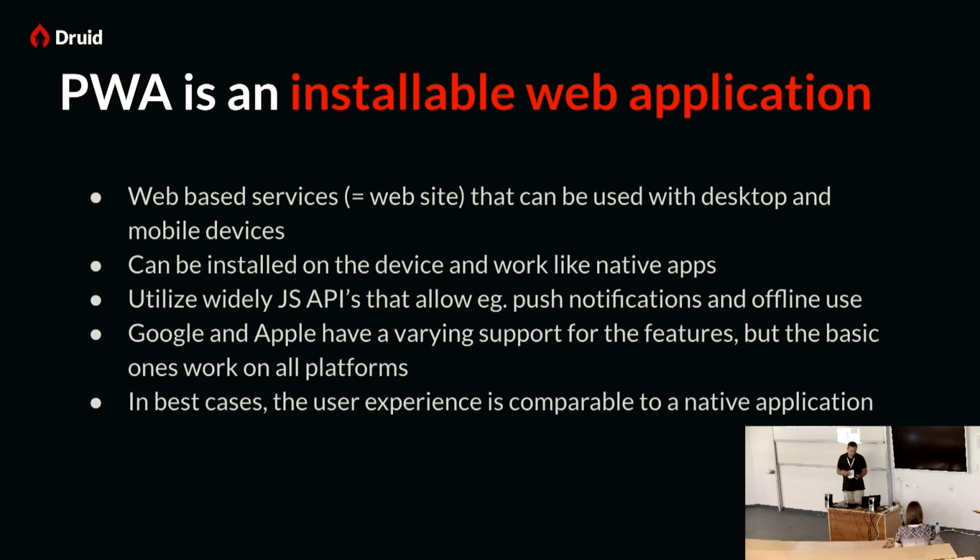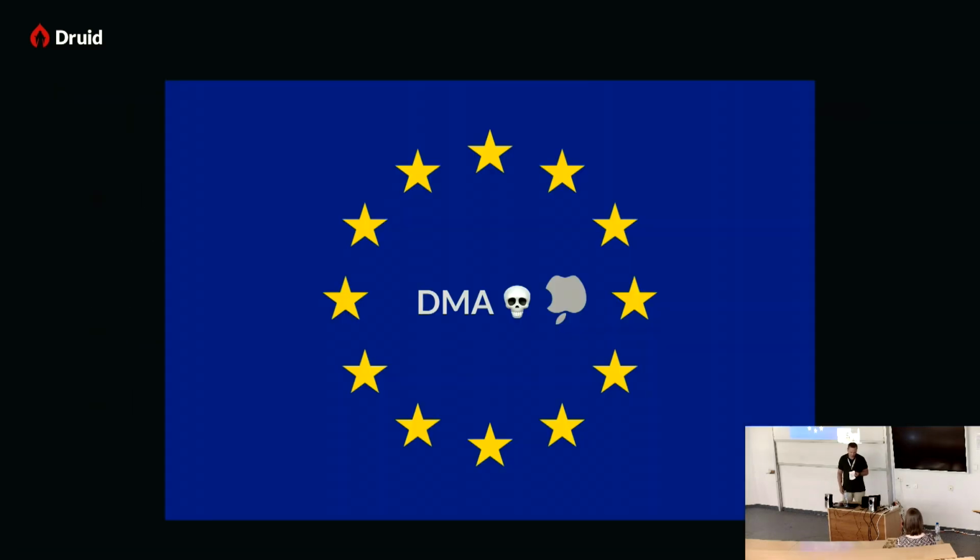But in the best cases, the user experience of a PWA is really comparable to a native application. You just click an icon, the app opens, and you have no idea whether it's a native application or a PWA.